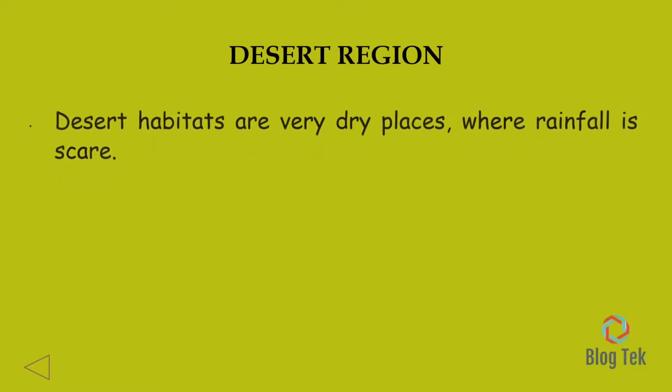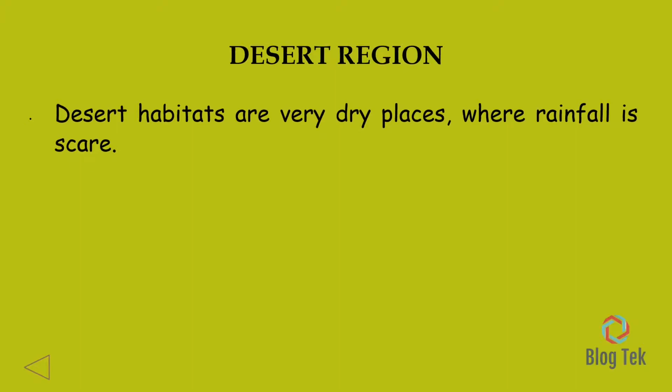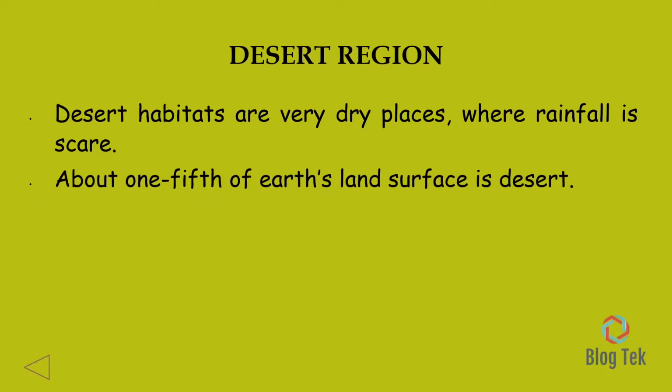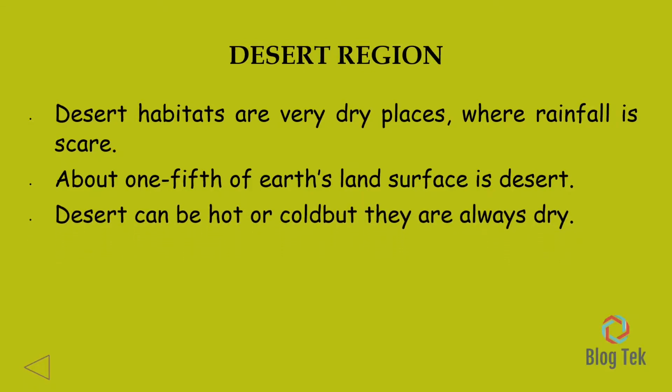Desert region. These habitats are very dry and rainfall is almost not there, it means it's scarce. About one-fifth of Earth's land surface is desert. These places can be hot or cold, but they are always dry.